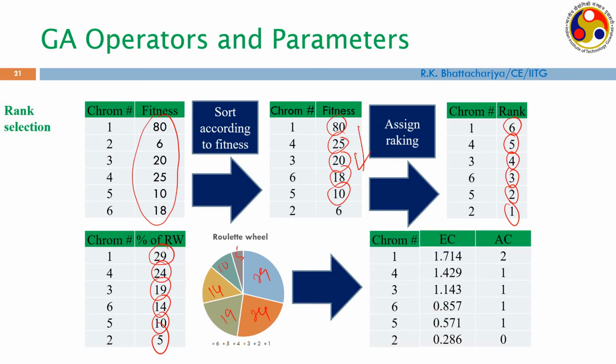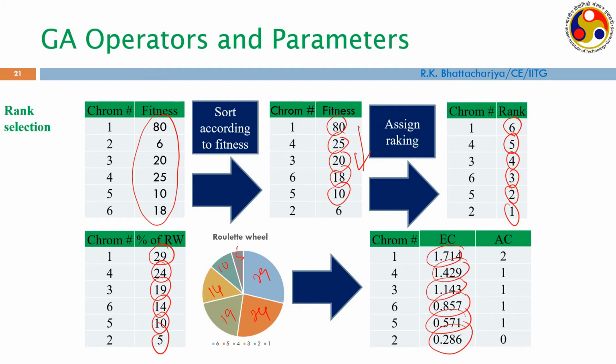If you use proportionate selection, what is the expected count? It is 1.71, 1.429, 1.143, 0.857, 0.571, and 0.286. This is the expected count.